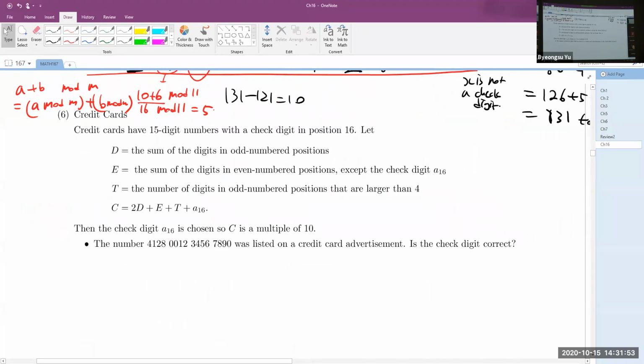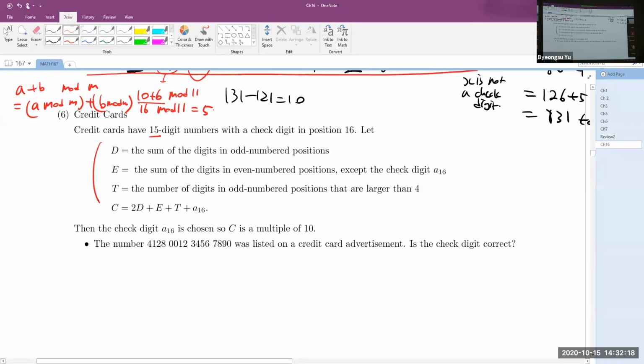Maybe some of you already have a credit card, and it actually has 16 digits, but only the first 15 digits are used for identifying you, and the last digit, the 16th digit, is used as a check digit, and it is a little bit more complicated than other numbers.